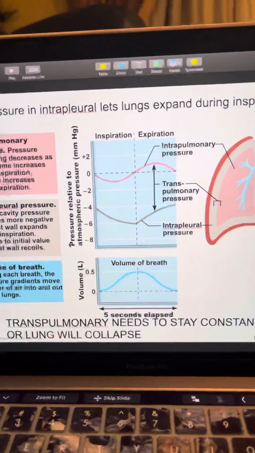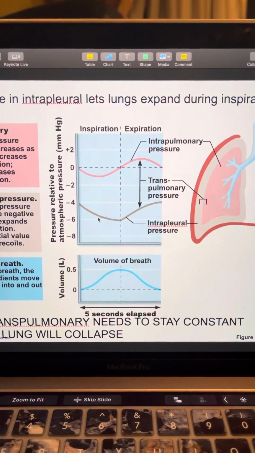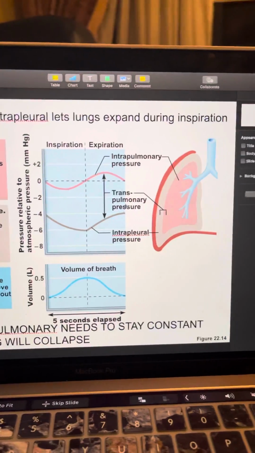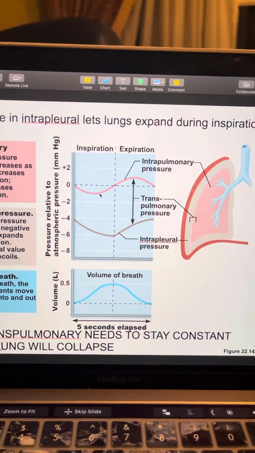So let me give you an idea. This right here is intrapulmonary pressure, this line right here, and this right here is intrapleural pressure. Notice this line right here is indicating transpulmonary pressure and how the difference is 4 millimeters of mercury.